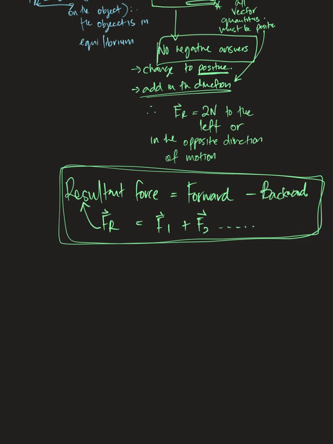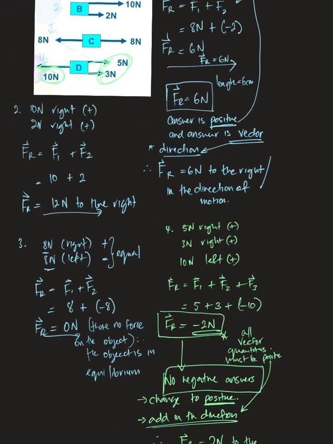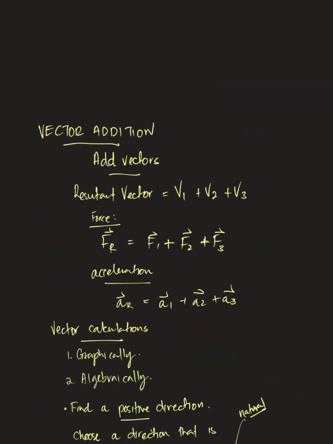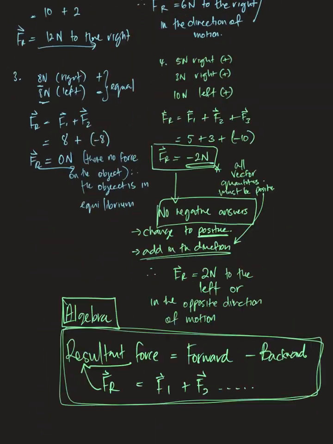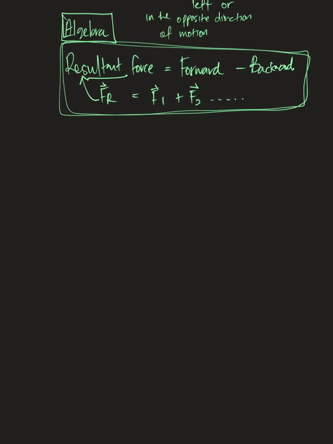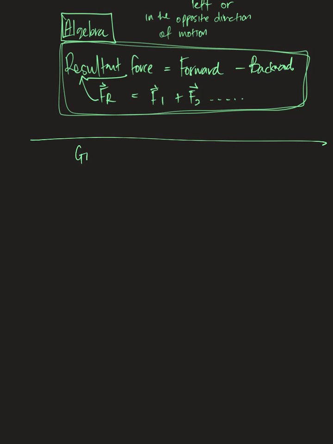Now let's look at some examples. Now, this method that we just did, I want you to make a note for yourself. This is how we function with algebra. Right? It's the algebraic way, or the mathematical way of finding the resultant force. So we have it algebraically, or we can use it graphically.